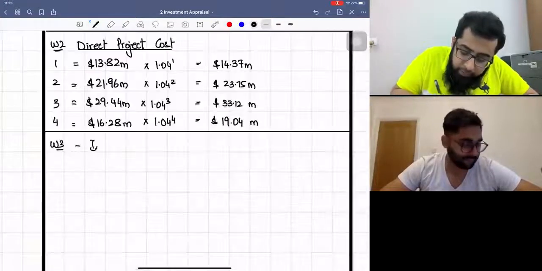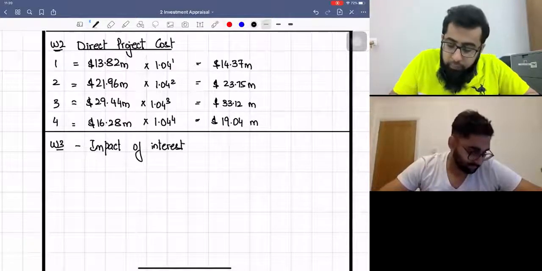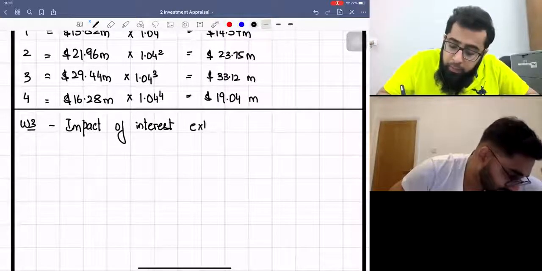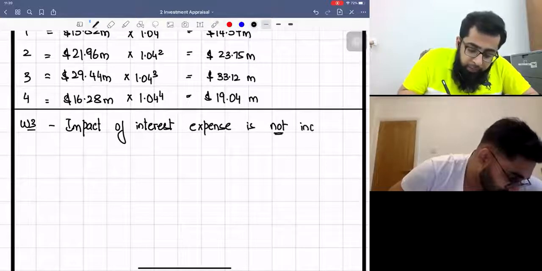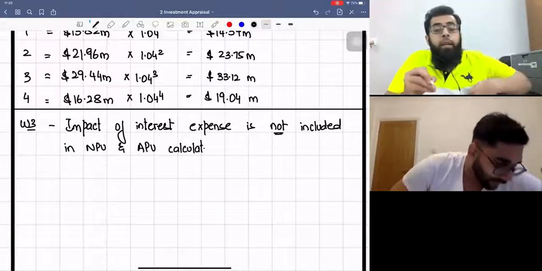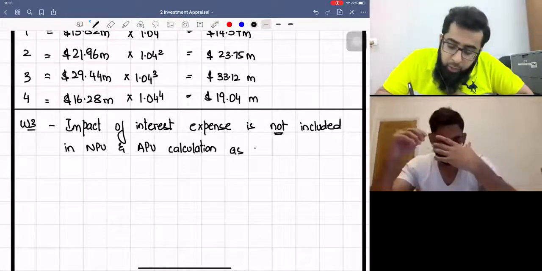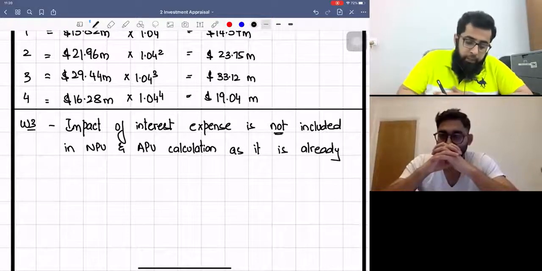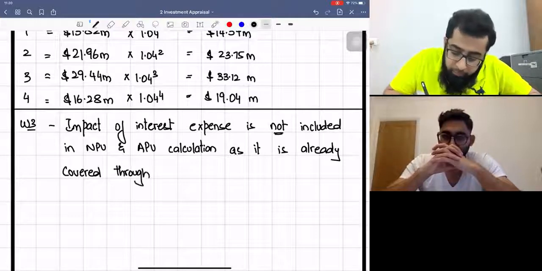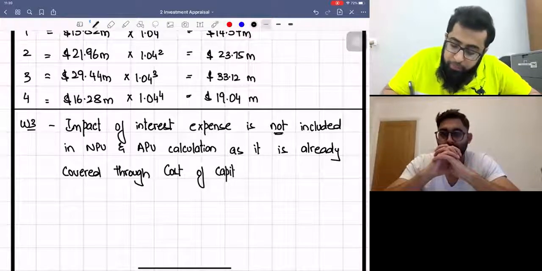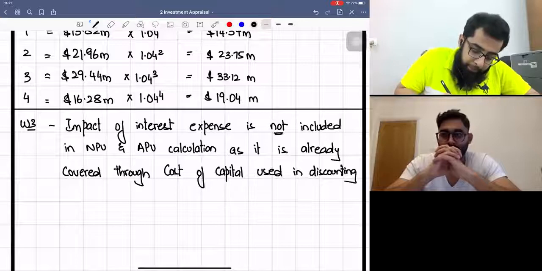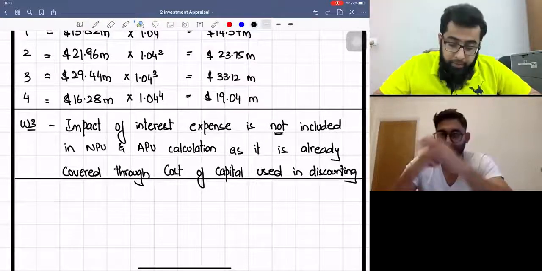Impact of interest expense is not included in NPV and APV calculation, as it is already covered through cost of capital used in discounting. Done? Let's move forward.